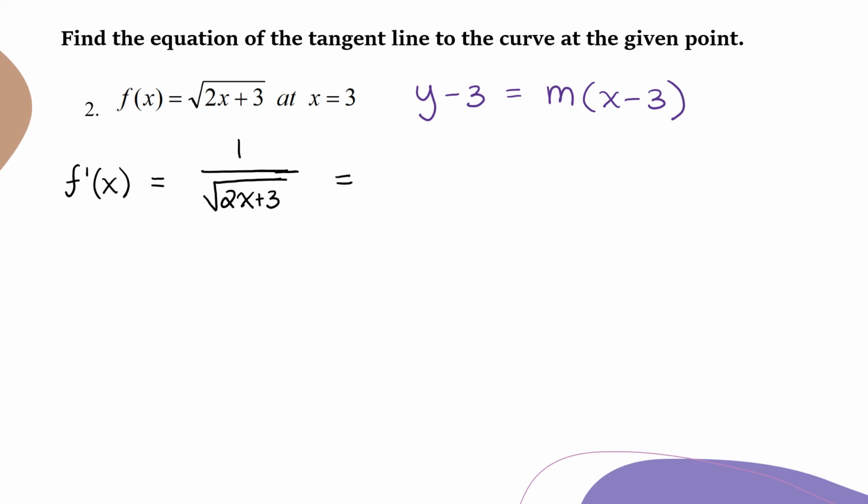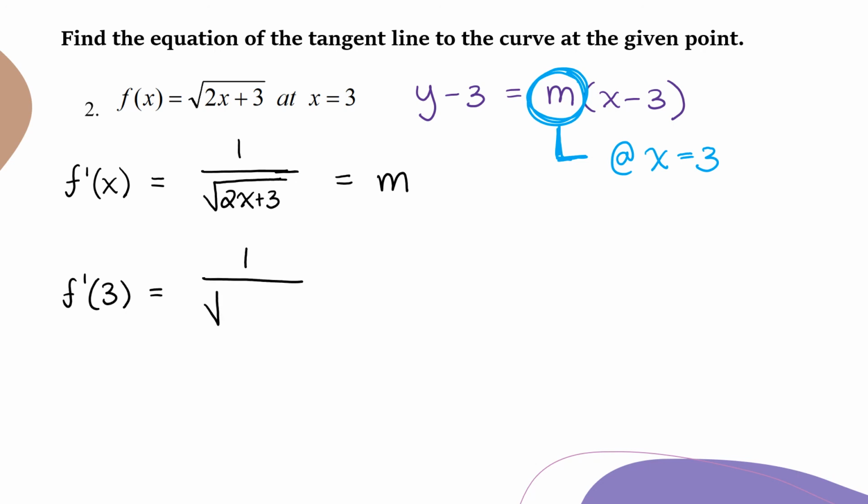And this gives us the slope at any point x. And the trouble is we don't want just any point or any input. We're specifically interested at where x is equal to 3. So this means we need to find f prime of 3. So we'll substitute 3 in for x.